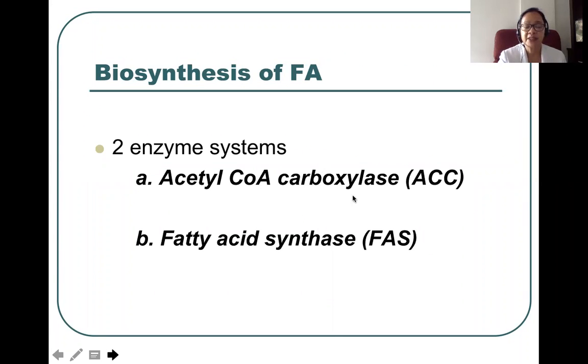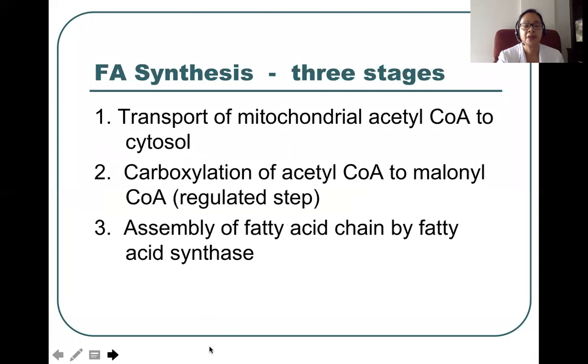So, your acetyl coenzyme A carboxylase, and the one responsible for the condensation and formation of the 16-carbon palmitic acid is the one that has 7 enzymes. That is what you call the fatty acid synthase system.